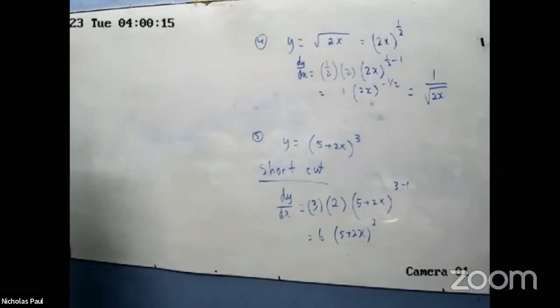All right, so here's what we're going to do. I'm going to give you something to differentiate, and you have to do it two ways: chain rule and the shortcut method.